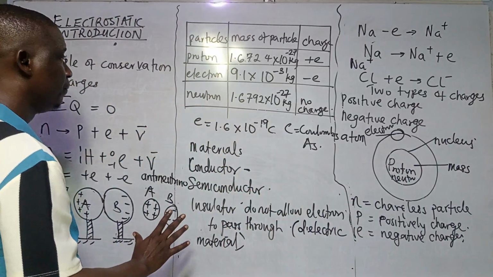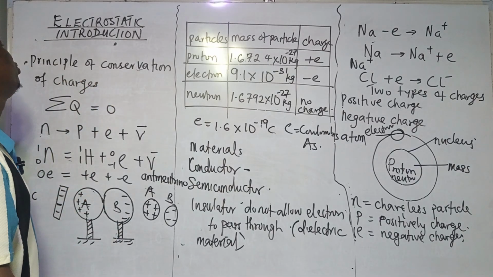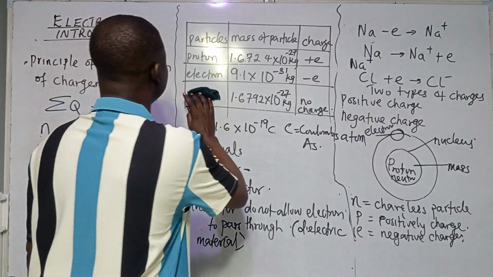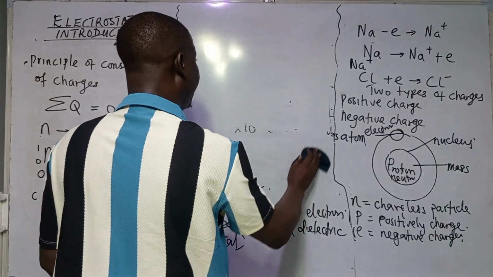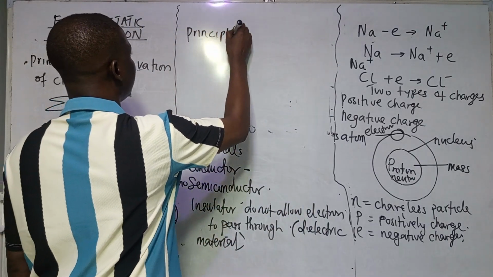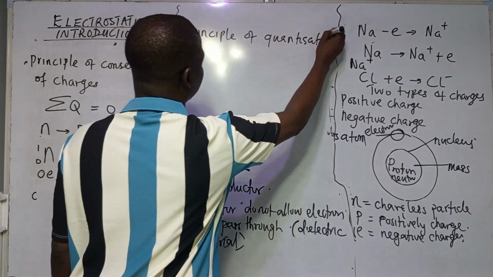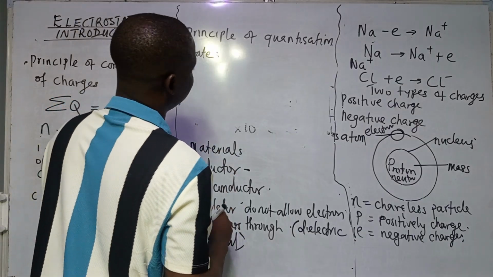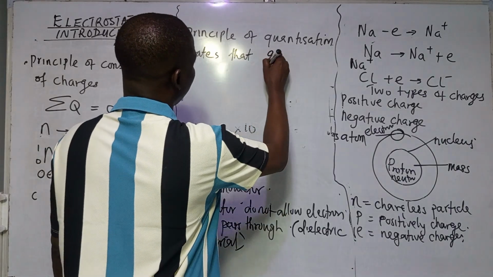Now, basically, let us explain the second principle, which is the principle of quantization. The principle of quantization states that Q equals N e.